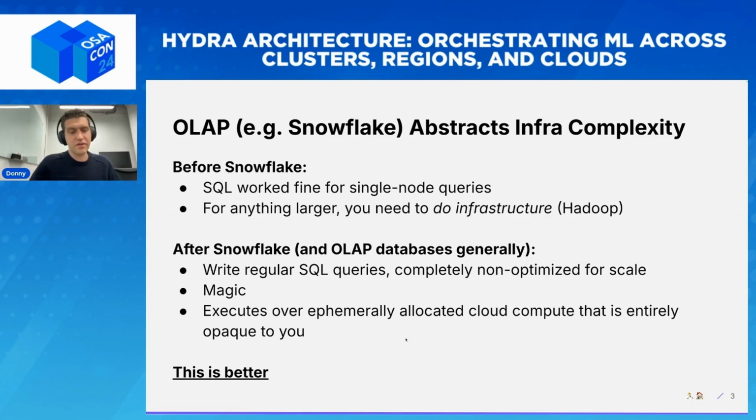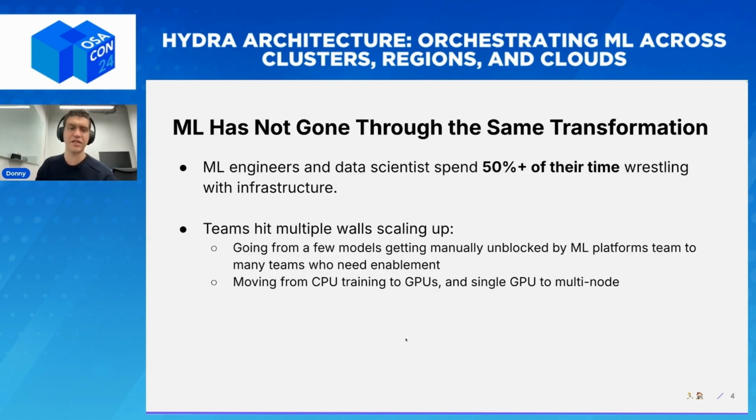And it gives your infra teams a way to manage and prioritize that compute in a way that abstracts it away from you. So abstracting the infra complexity was really transformative for people who could write SQL queries, and even very sophisticated SQL chained together through tools like dbt, but really didn't want to have to think about infrastructure whatsoever. ML just doesn't have any of this.